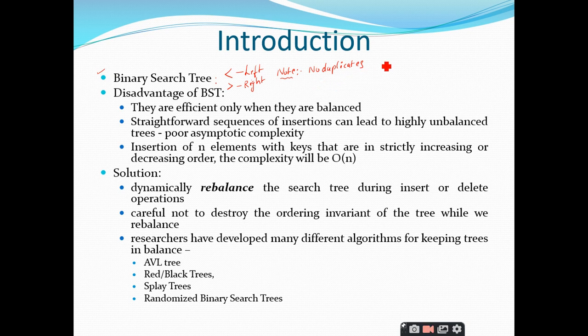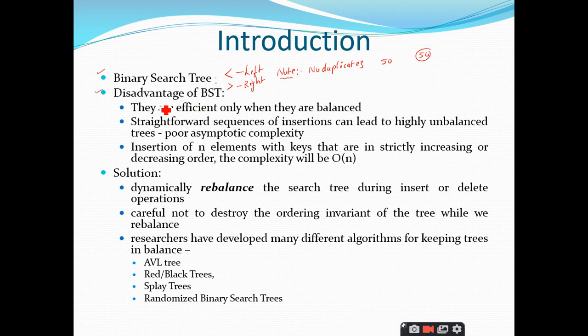For example, if I take an element 50 and insert this 50 inside a binary search tree, you will never come across another element which is 50, right? Why? Because the binary search tree definition is defined in such a way that it is less than and greater than. That's it.